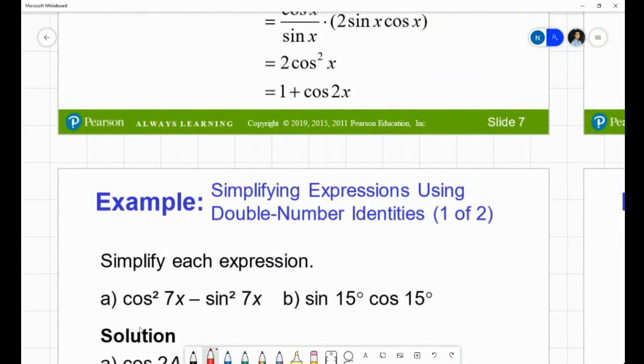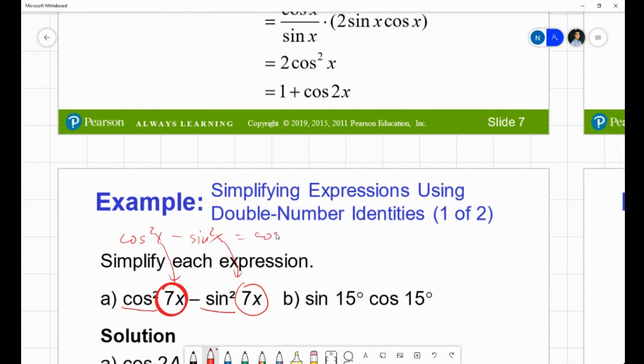All right, so let's look at A. You have to be able to identify these types of identities when you look at them. Here we see cosine square of some argument minus sine square of some argument. So this is just cosine square of x minus sine square of x, and the x in this example is 7x.